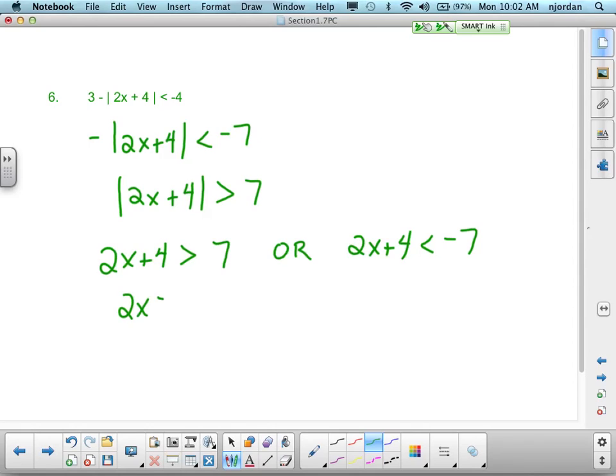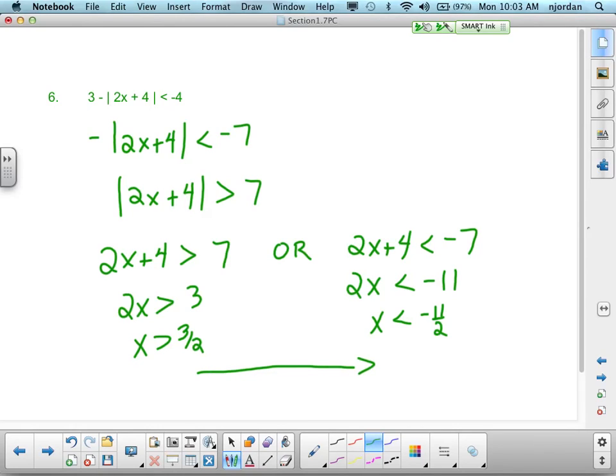So we're left with 2x is greater than 3, so x is going to be greater than 3/2. Or 2x is going to be less than negative 11, x is less than negative 11/2. Let's see what that looks like on our number line. So we've got 3/2 over here, negative 11/2 here.